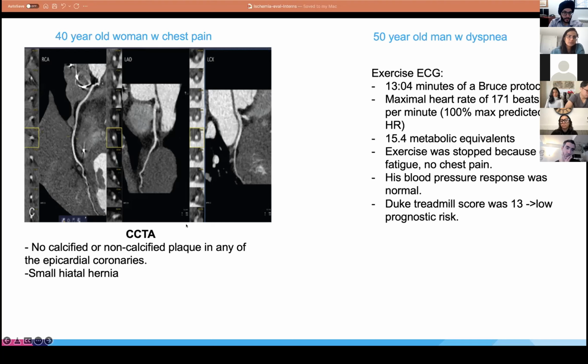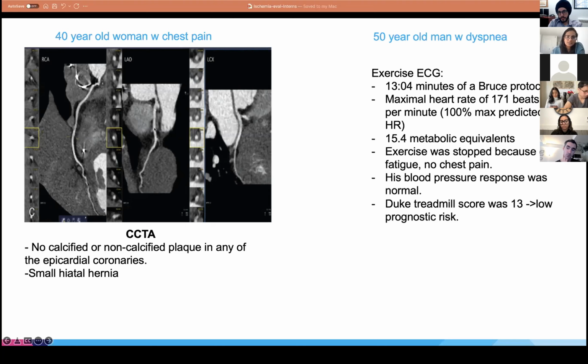The other thing we noticed on her CT scan is a small hiatal hernia. That made us think, is this what she's having? Is she having symptoms of reflux? She ended up getting evaluated for it, and her symptoms resolved with PPI.